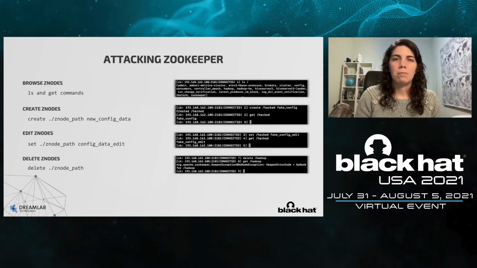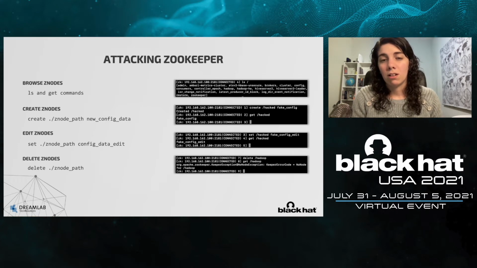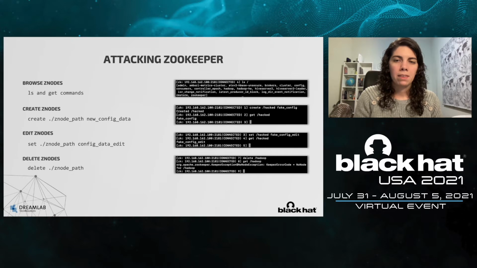And this will be a problem for the cluster. Some components might go down. Zookeeper, for example, is commonly used to manage the Hadoop high availability. So if we delete everything, the cluster might run into trouble. I will not do a demo of this attack because it's pretty simple, but this is quite impactful.